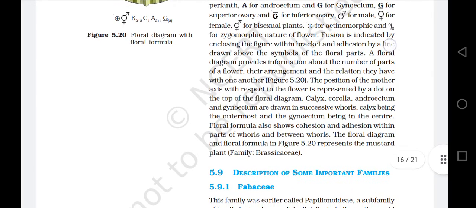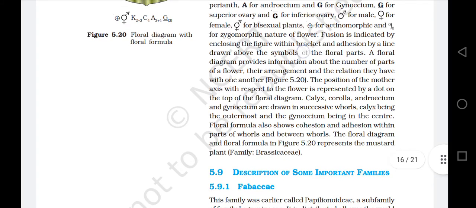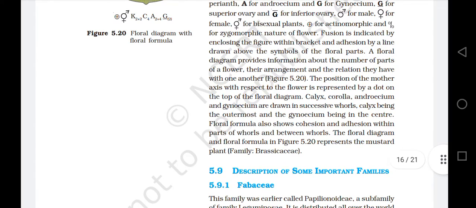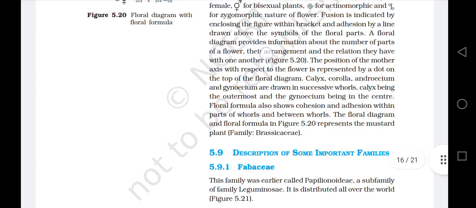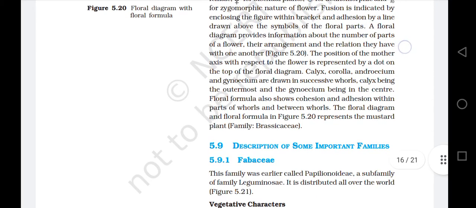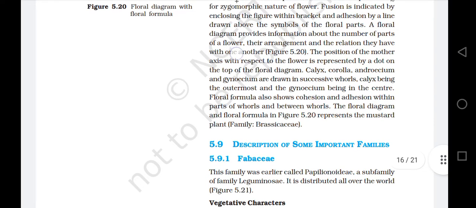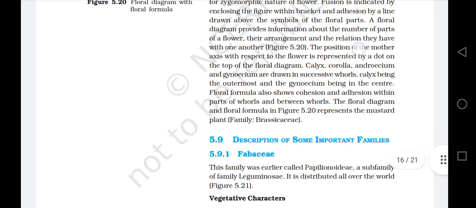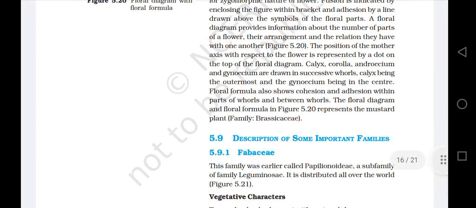Fusion is indicated by enclosing the figure within brackets and adhesion by a line drawn above the symbols of the floral parts. A floral diagram provides information about the number of parts of a flower, their arrangement, and the relation they have with one another. Figure 5.20.